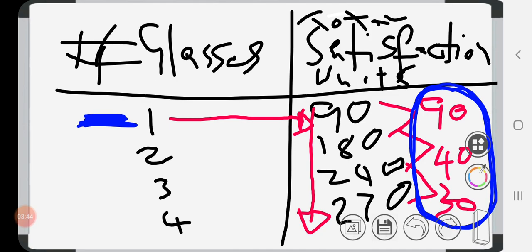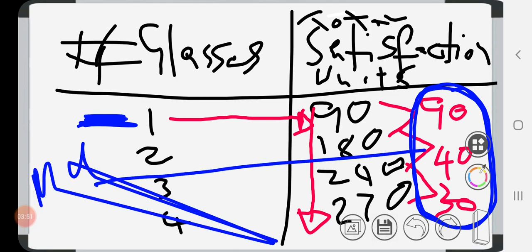So what you see there is called marginal utility. Sorry, that's MU. Marginal utility.